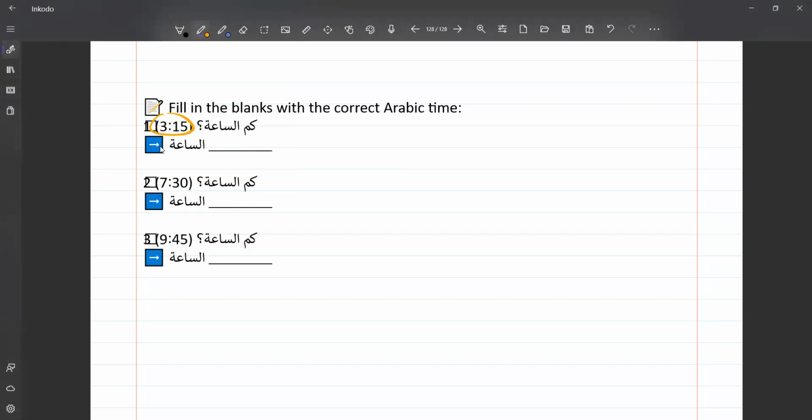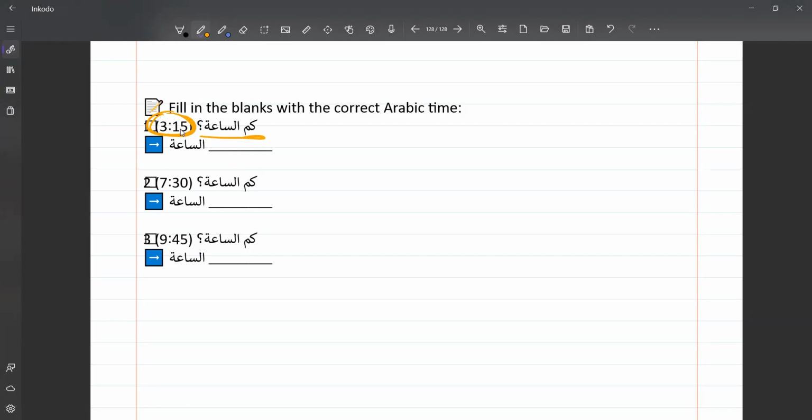Since it is 3:15, we'll say as-sa'a as-salisa war-rub', meaning it's 3:15.